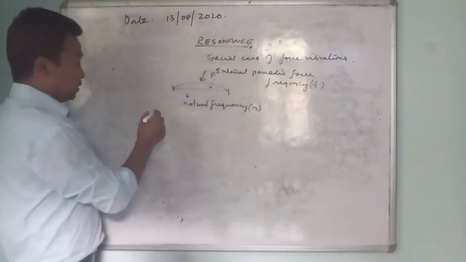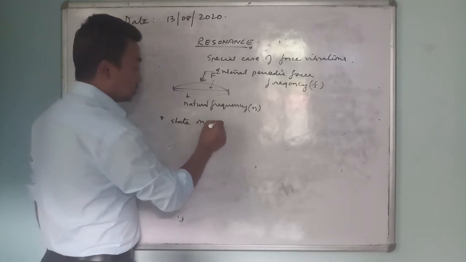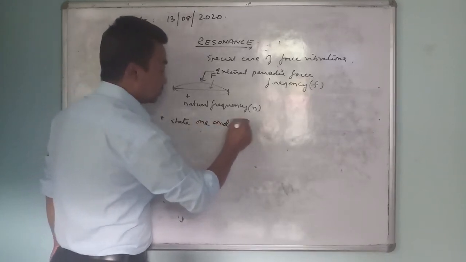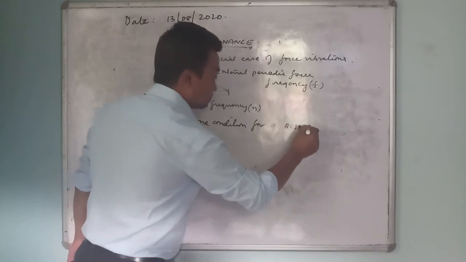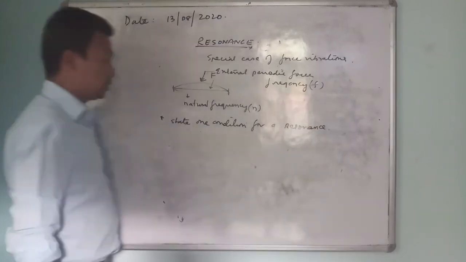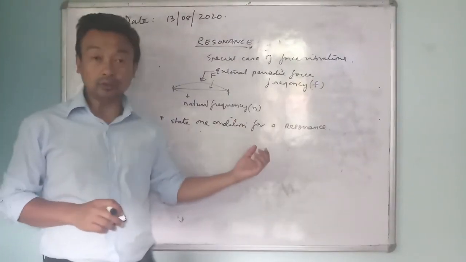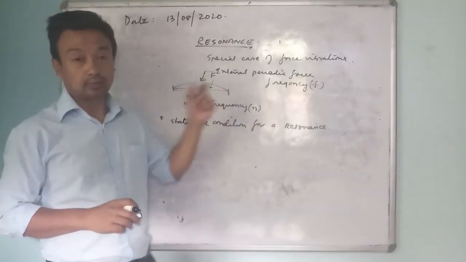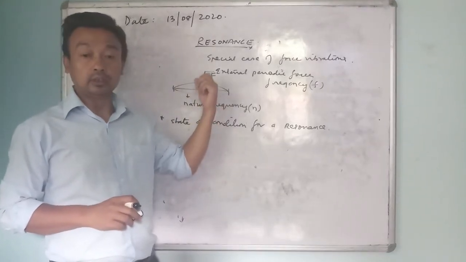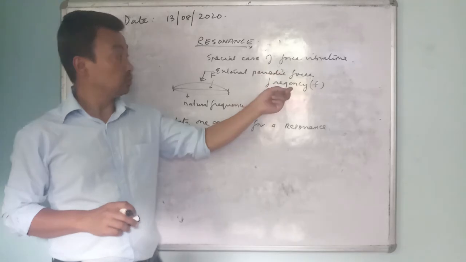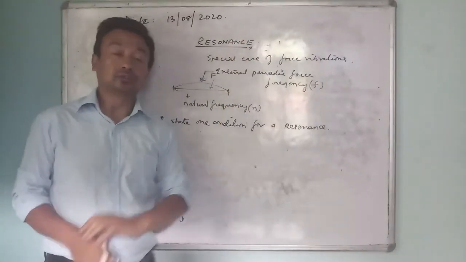Now one question is asked there. State one condition for a resonance. So it is quite simple. For resonance to take place, what should be kept in mind? The natural frequency of the vibrating body should be equal to the frequency of the external applied force.